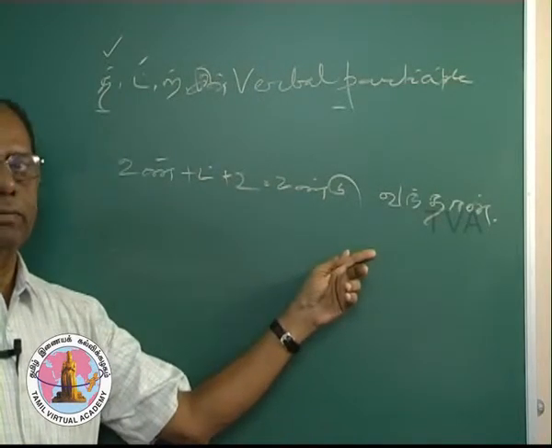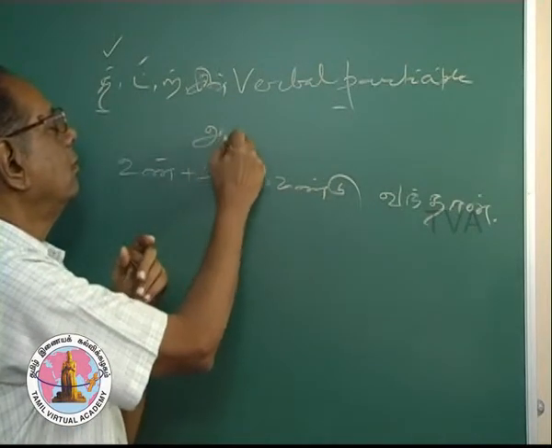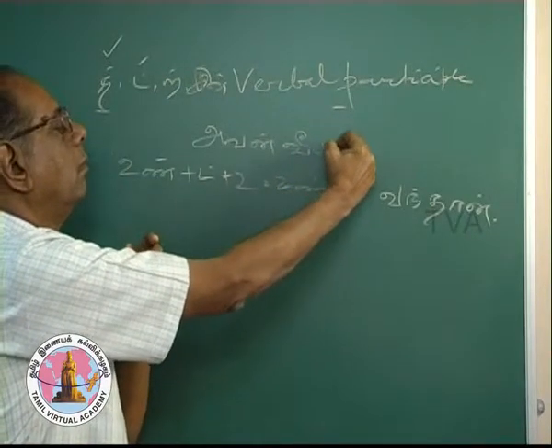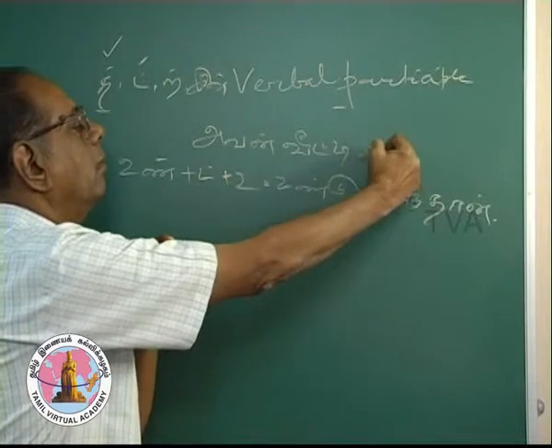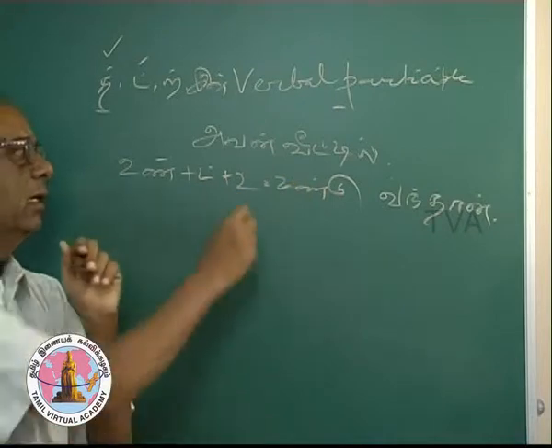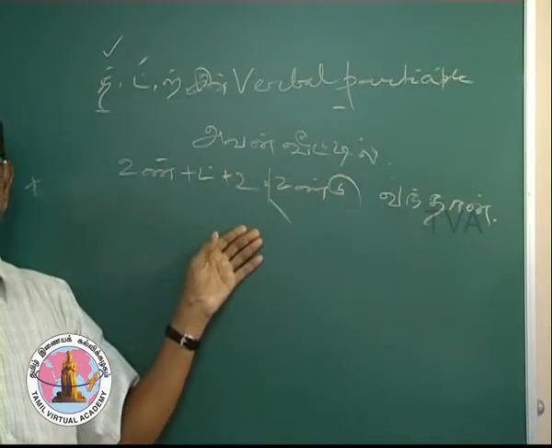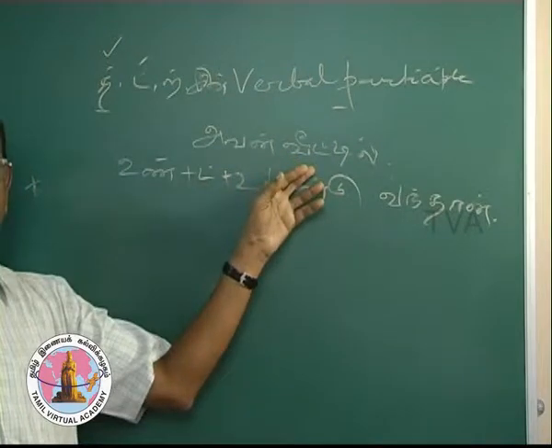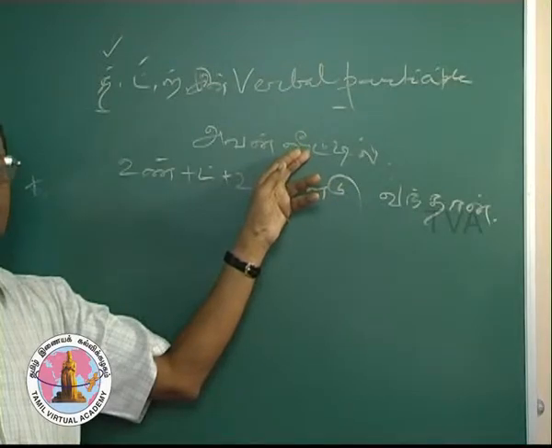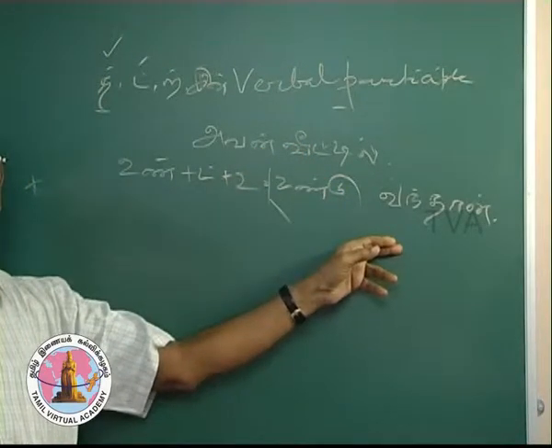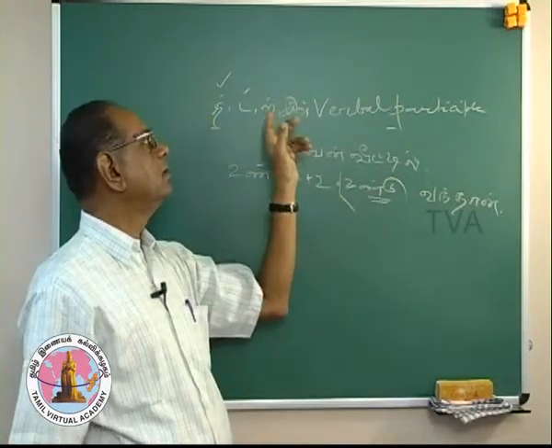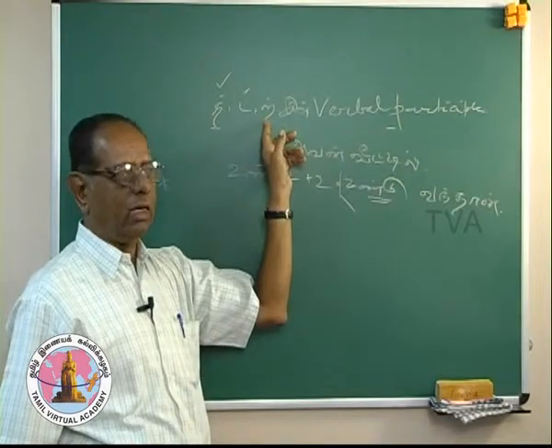Undu vandan. அவன் வீட்டில் உண்டு வந்தான். வீட்டில், in the house. He had his food in the house. He ate in the house and then came. So here you find this it, the tense marker is used.